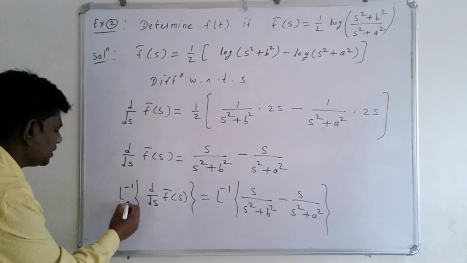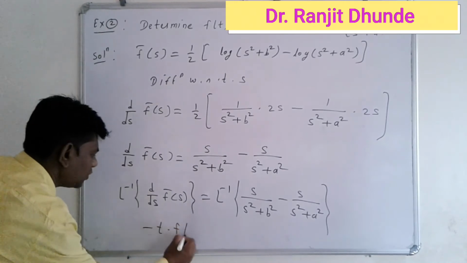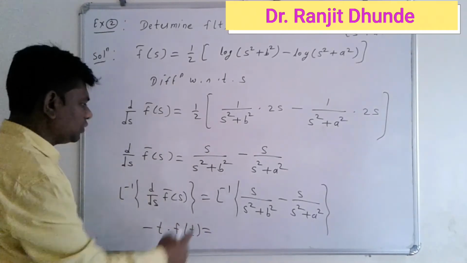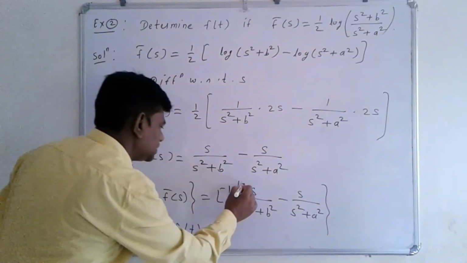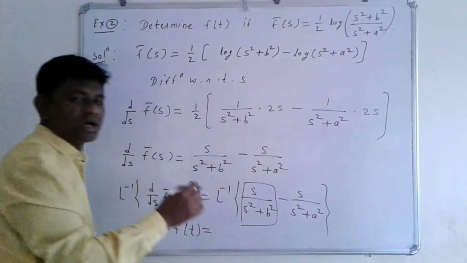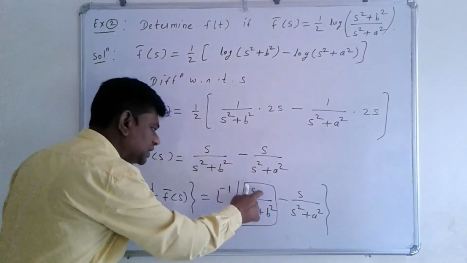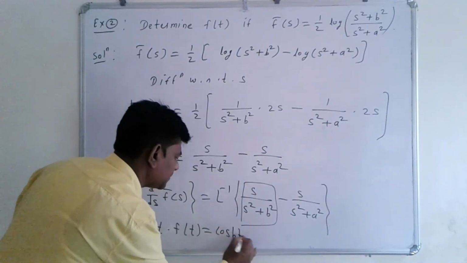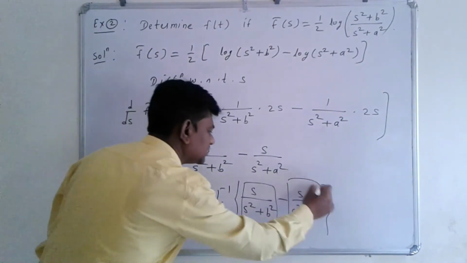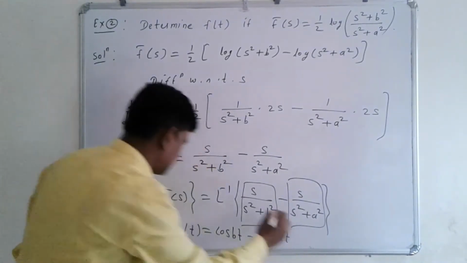Now inverse of d by ds f bar s, answer is minus t f of t, is equal to inverse of s upon s square plus b square. The s upon s square plus b square is the Laplace transform of cos bt. Therefore inverse of s upon s square plus b square, answer is cos bt, minus inverse of s upon s square plus a square, answer is cos at.